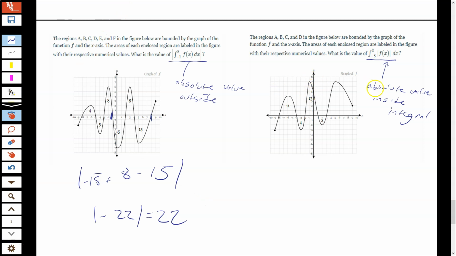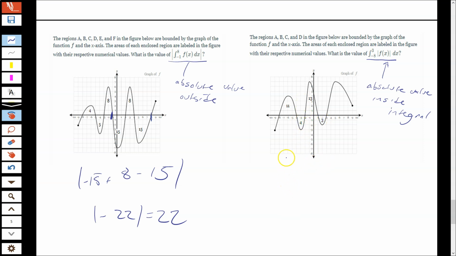Now, my right-hand case, I'm taking the absolute value of f, not the entire integral. Okay? What that means practically is none of these areas can be negative.